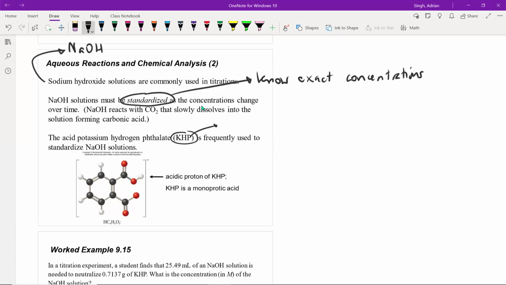The P here is not phosphorus. Okay, the P there is phthalate. And that's just the rest of the compound that's different from the acidic proton, the proton that's lost.